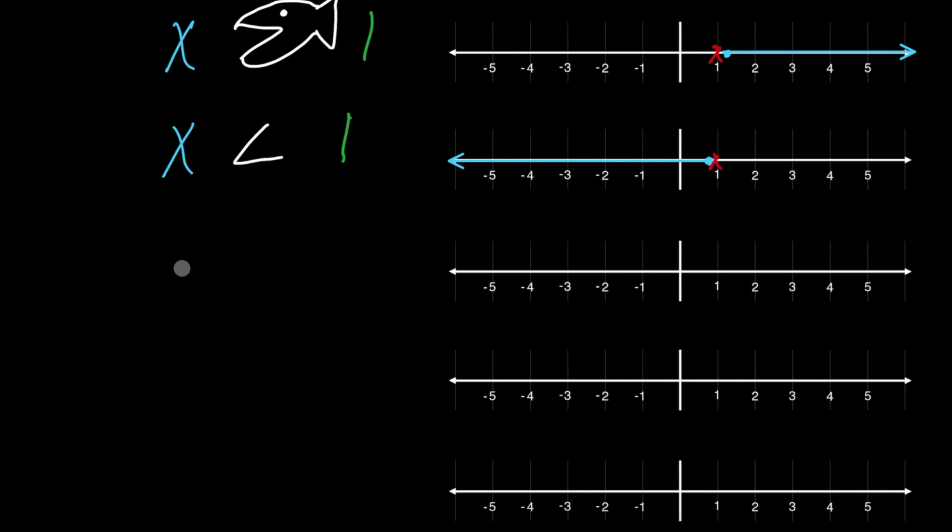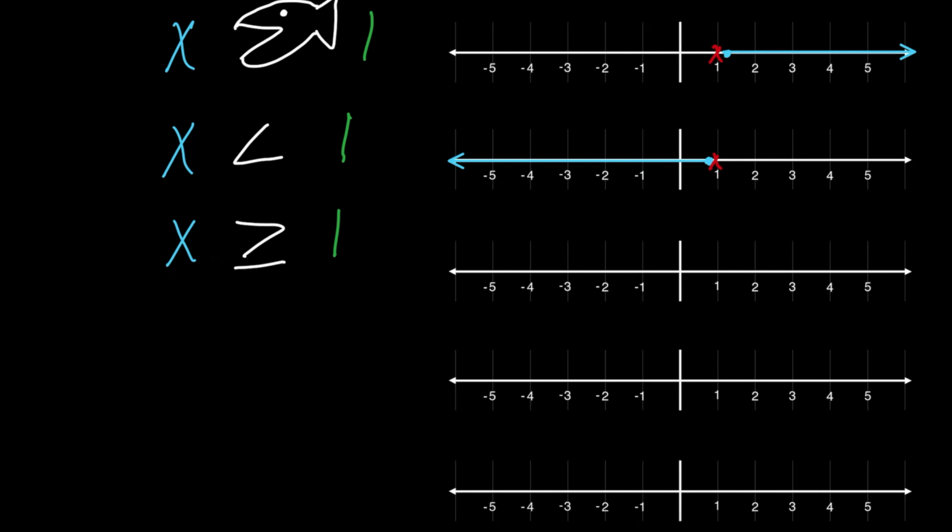All right, let's take a look at our third inequality symbol. And that is a symbol that looks like this. So we got x is greater than or equal to 1. So we already learned the greater than symbol right over here. X is greater than 1, but now we have the equal symbol too.